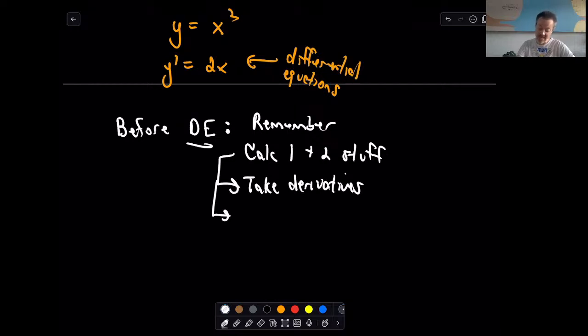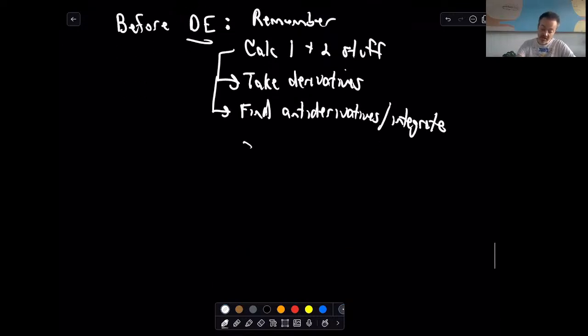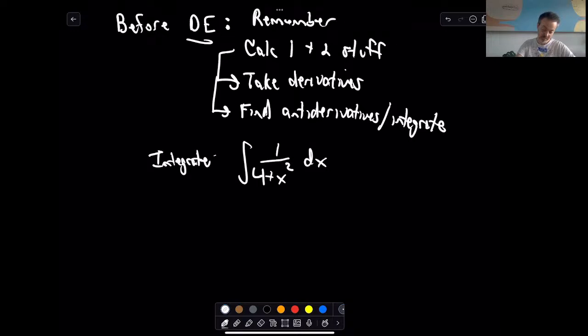And the harder thing is be able to find antiderivatives or integrate, because there's going to be a ton of that. If you don't remember how to integrate, say, 1 over 4 plus x squared dx, I would say you might need to review.